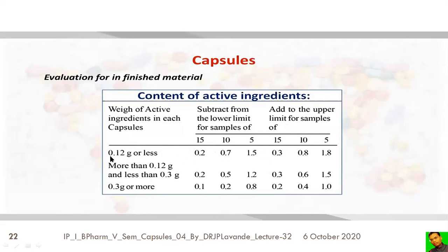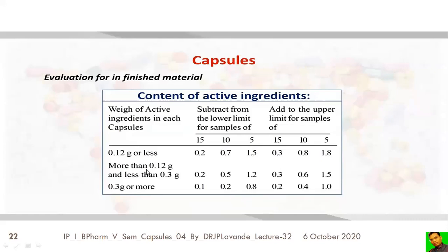If we are selecting 10 capsules, then the lower percentage limit of acceptance is 0.7% and the upper is 0.8%. If the number of capsules is 5, then the lower acceptance limit is 1.5% and the upper limit is 1.8%.